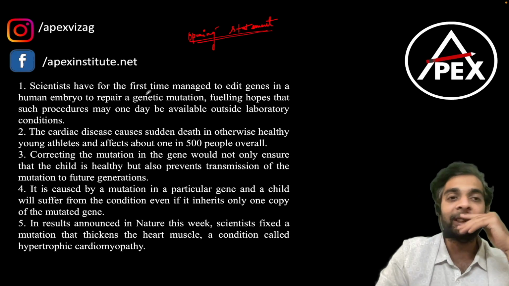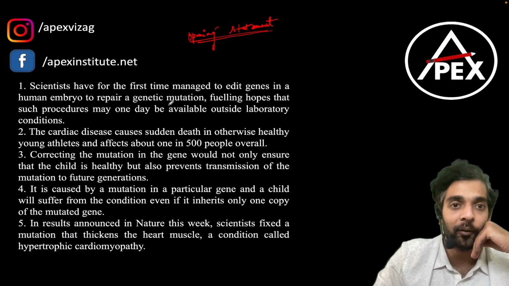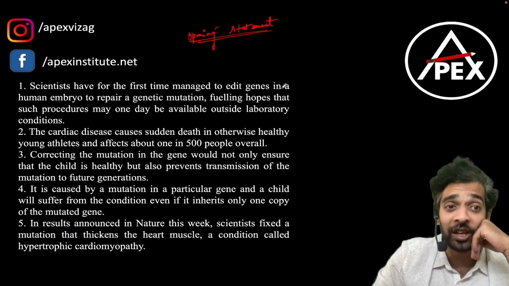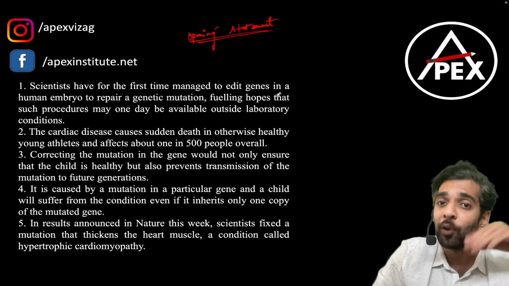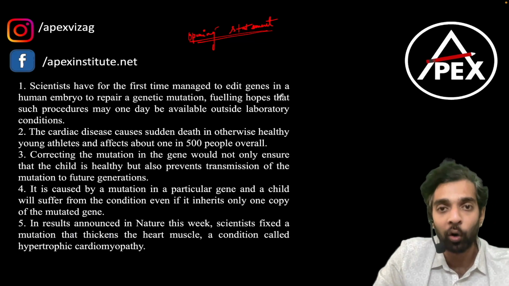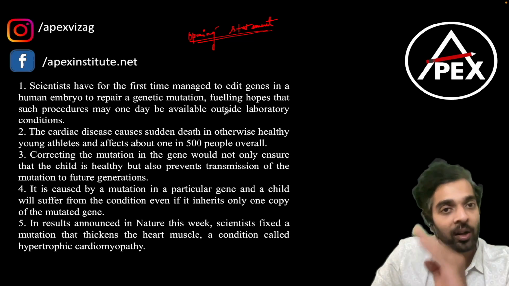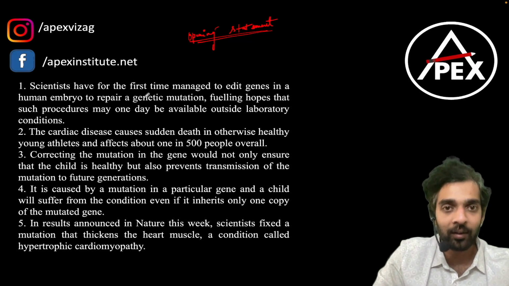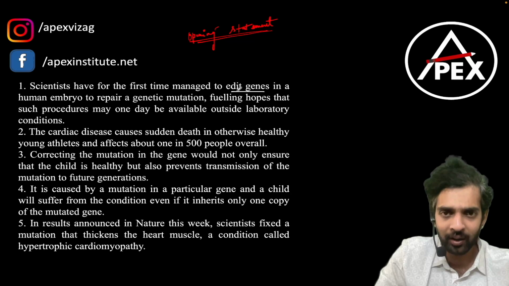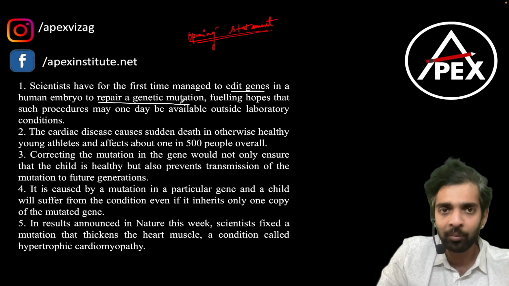Alright, so in the first statement he says scientists have for the first time managed to edit genes in human embryo to repair a genetic mutation, fueling hopes, that means giving hopes, that such procedures may one day be available outside laboratory conditions. So they have done something, to repair something.